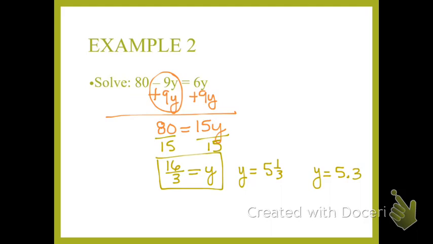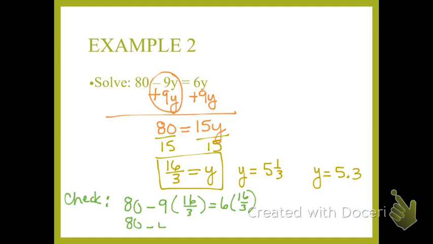Last thing we want to do is a quick check, going back to our original problem and substituting the 16/3 in for the y and simplifying using our order of operations. And I do get a true statement. 32 does equal 32.